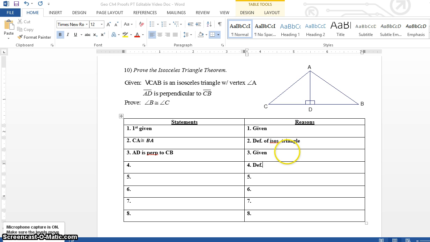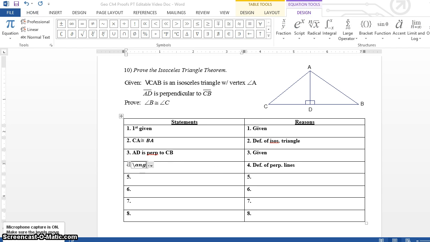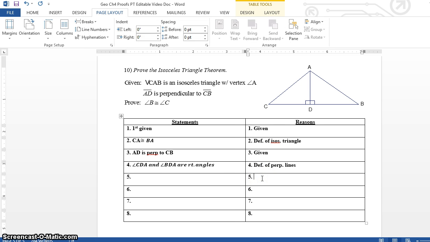That's the definition of perpendicular lines. So angle CDA and angle BDA are right angles.